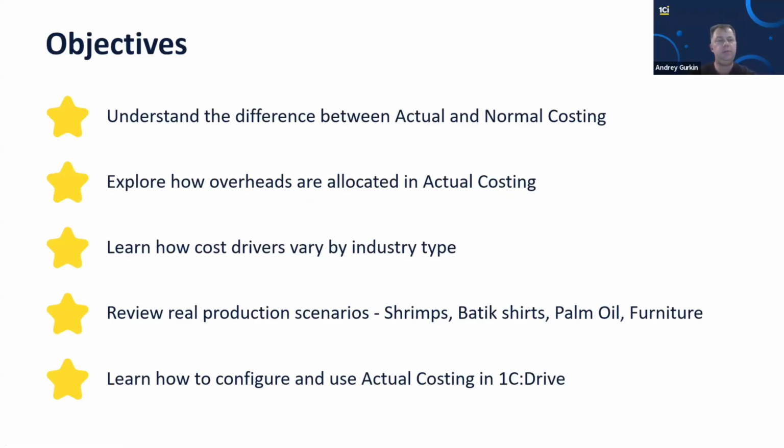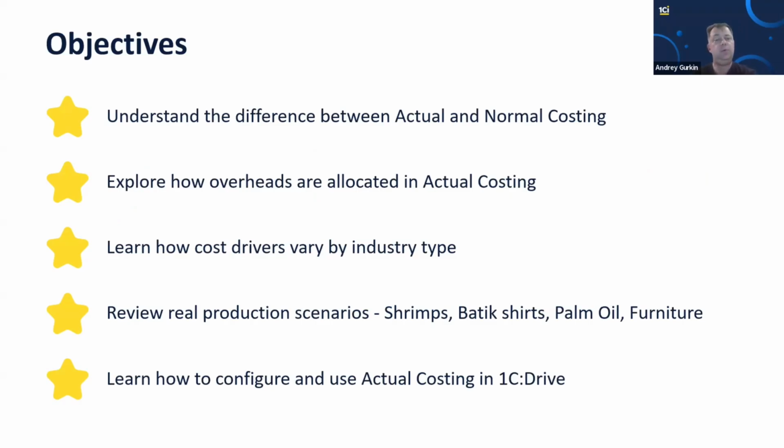Objectives. Today, I want you to understand the difference between actual costing and normal costing. Normal costing was our first version of the functionality, which allocates overheads to the direct cost.